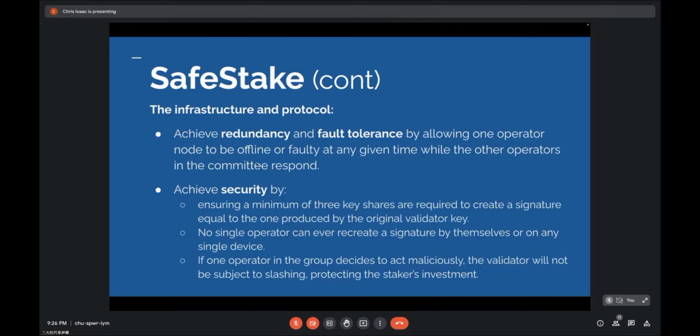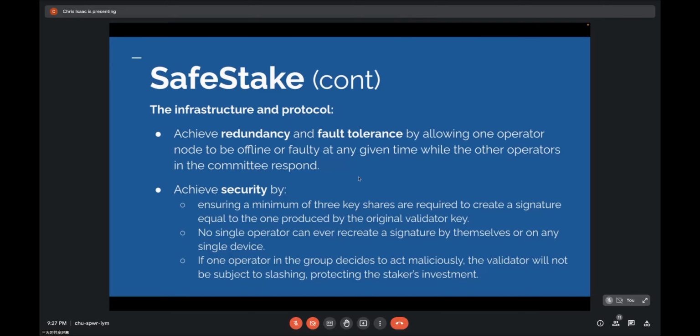We talked about the operators responding in the committee if one's offline. Now let's talk a little bit more about the security. Again, we talked about the minimum of 3 key shares being required to produce that signature.